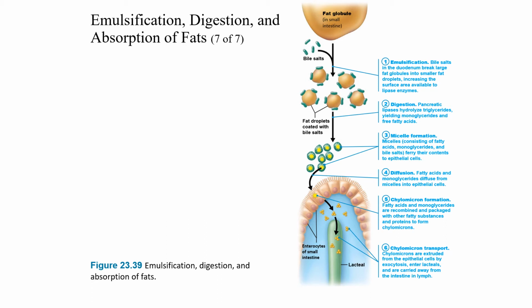And this is just packaging of the monomers so that they can be transported through the epithelial tissue and out into the lacteal. And remember that the chylomicrons are going to be spit out, exocytosed by the epithelial cells. So the epithelial cells are going tooey, tooey, tooey, spitting it out into the lacteals. The lacteals are going, I love fat. Give me.